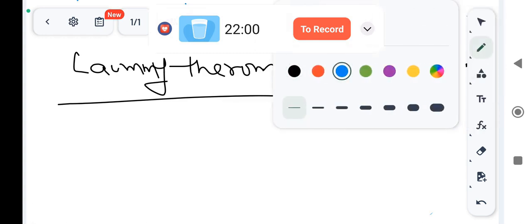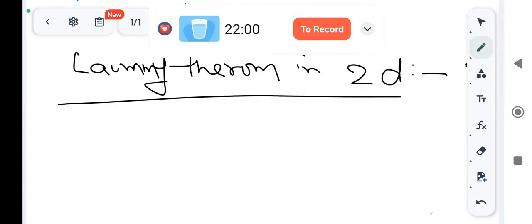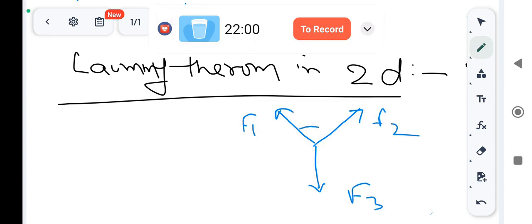This is F1, F2 and F3. This angle is alpha, gamma and beta.